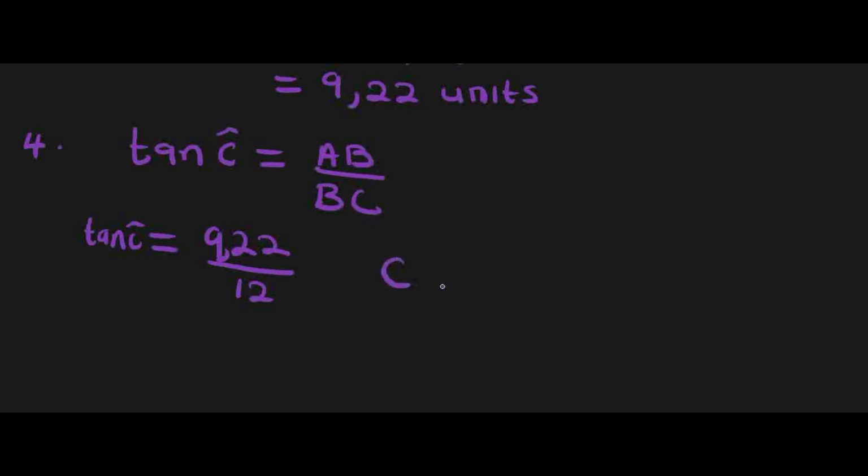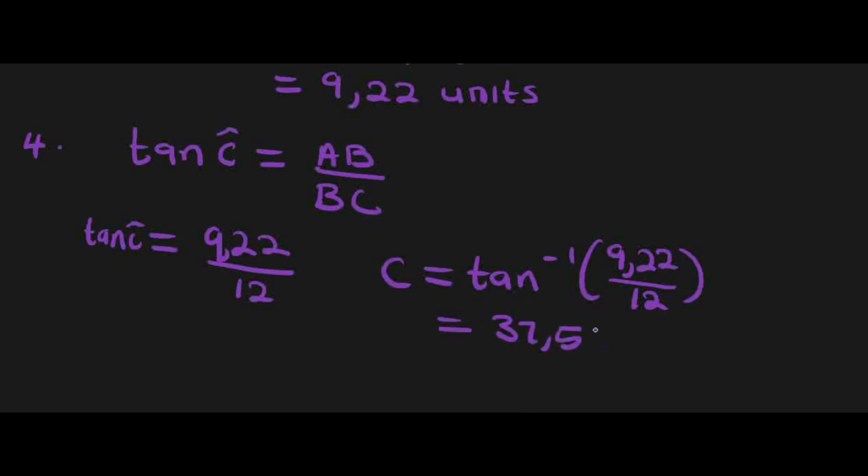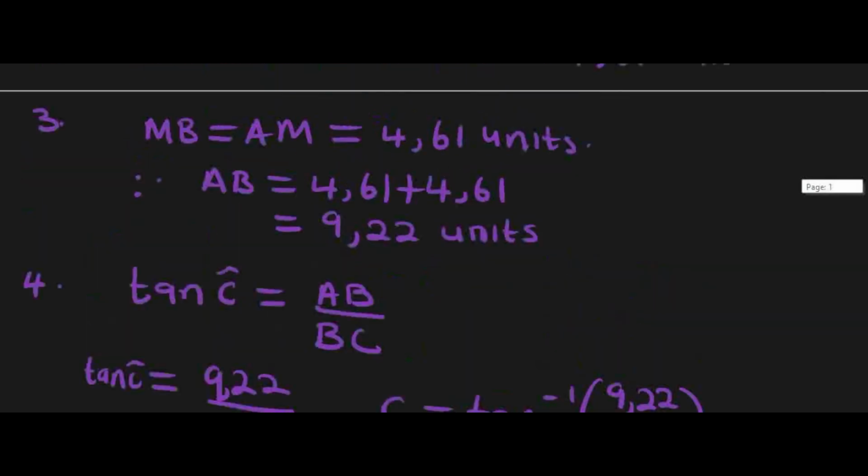Angle C is equal to arctan of 9,22 over 12. Arctan of 9,22 over 12, rounding off to 2 decimal places, is equal to 37,54 degrees, since we are calculating.